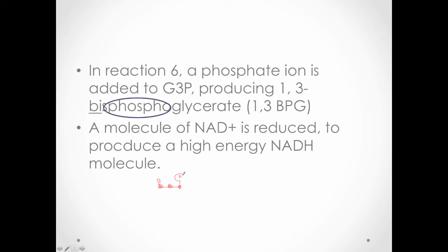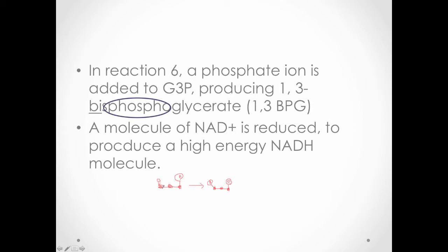By the end of the 6th reaction, we're going to take that aldehyde and convert it into an alcohol that we then stick a phosphate group on. I'm not showing the alcohol that's on this middle carbon, but there is an alcohol there. And we've got a phosphate group over here on carbon 3.